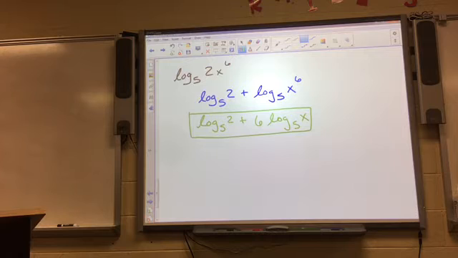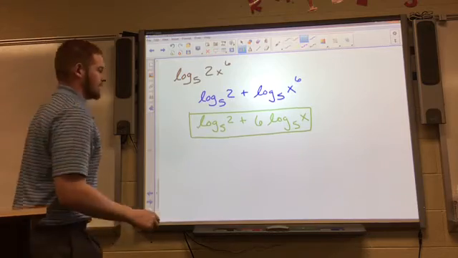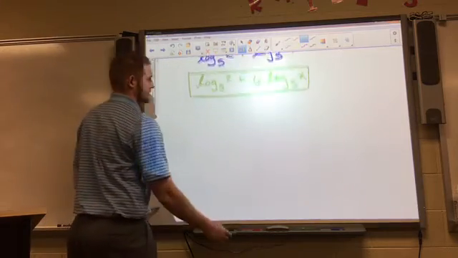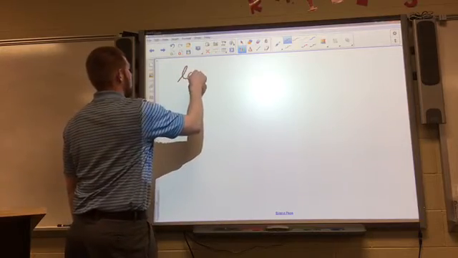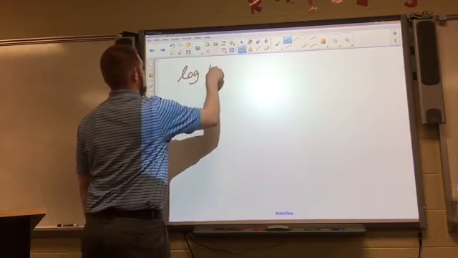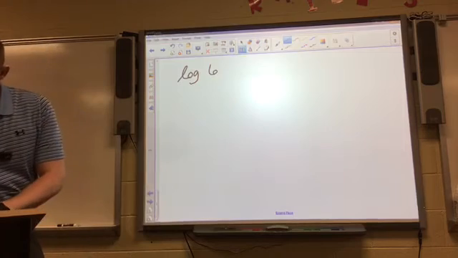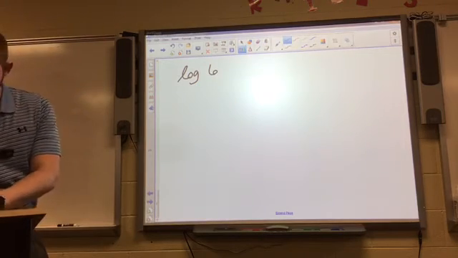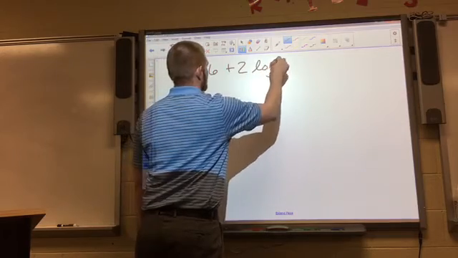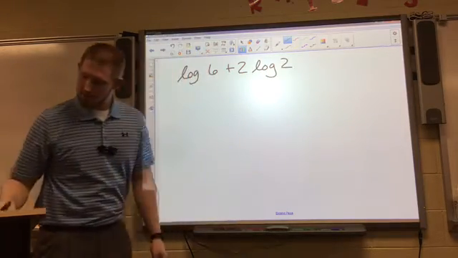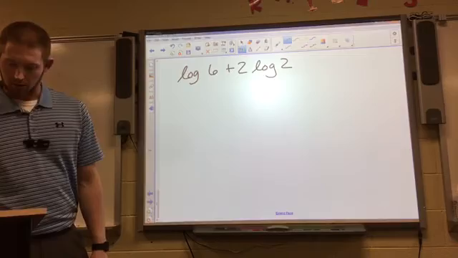Okay, so let's actually do the one that they have in the book because it's a little bit more difficult than the extra example they give me. That I have log of 6 plus 2 log 2 minus log 3.